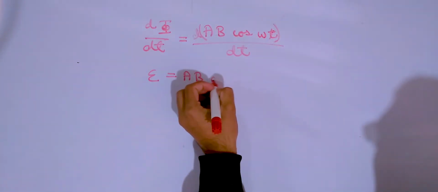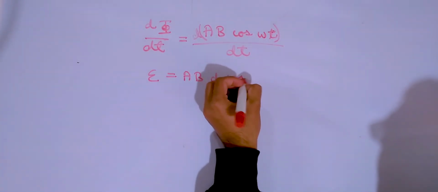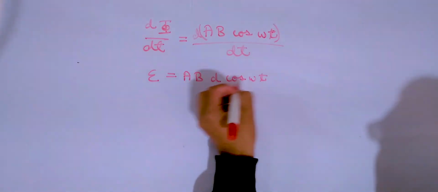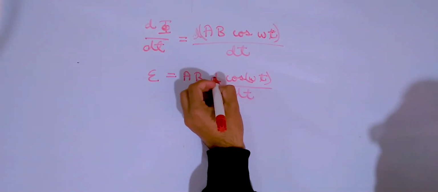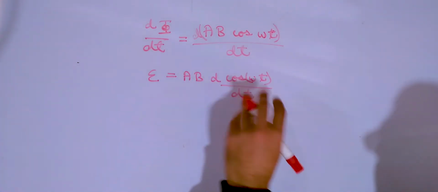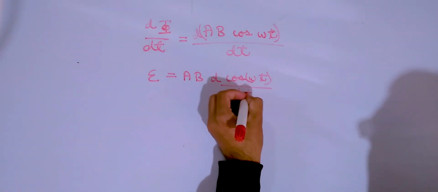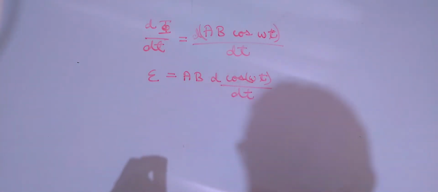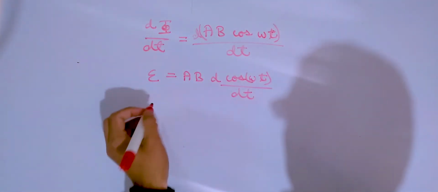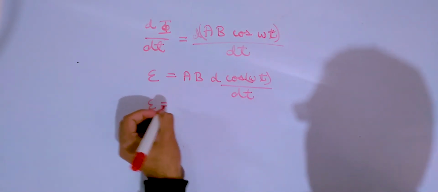I'm left with d cos omega t by dt. I can use the chain rule to find this out, so first let me apply the chain rule and show you how it happens.